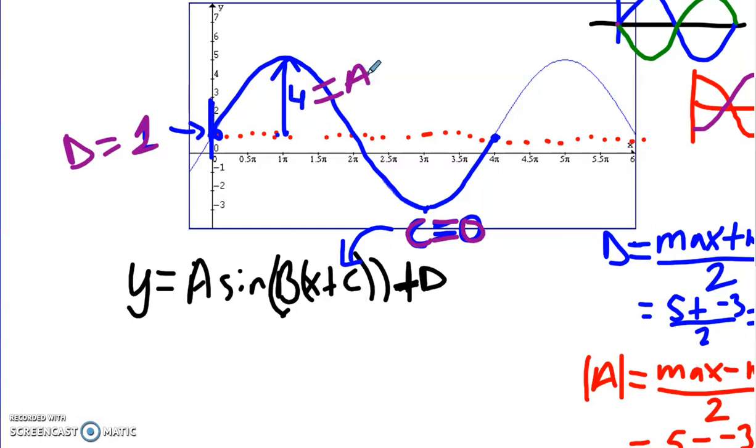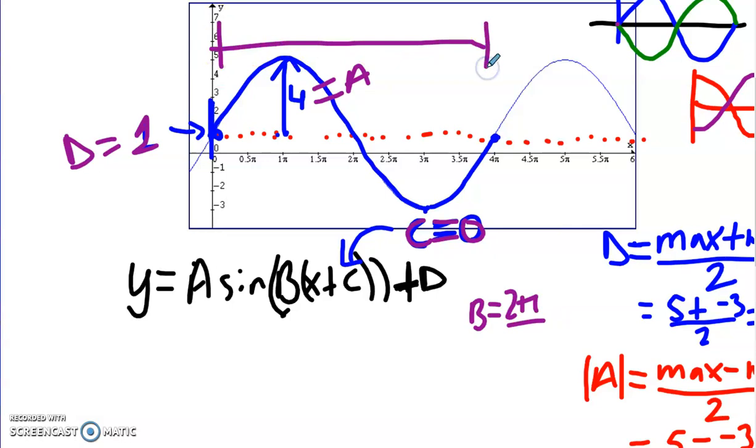And then the last thing we have to find is our period, or our B value. So the B value is going to be 2 pi, we're dealing with pi's here, divided by, it looks like we start at 0 and go all the way to 4 pi. So 2 pi over 4 pi, and this looks like a half.